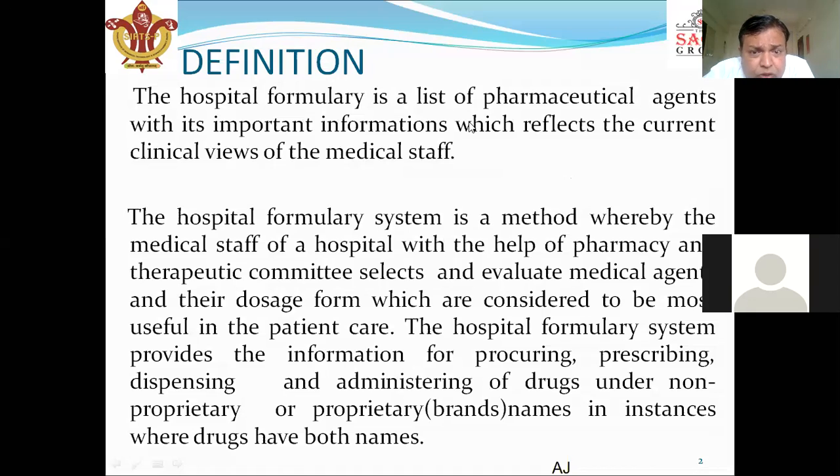The hospital formulary system is a method whereby the medical staff of a hospital, with the help of the pharmacy and therapeutic committee, selects and evaluates medical agents and their dosage forms which are considered to be most useful in patient care.